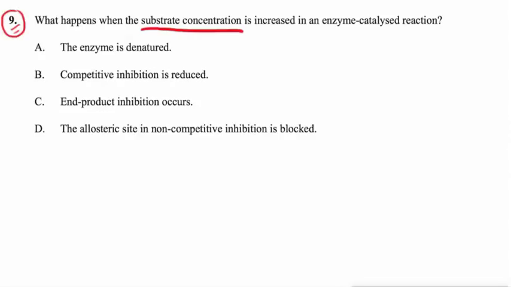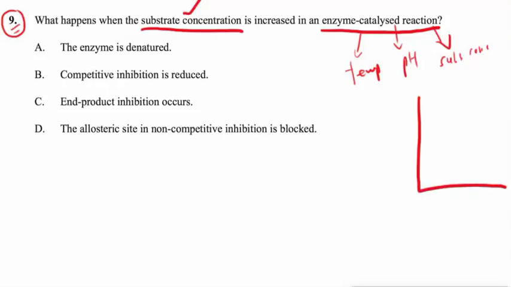So here's this question. It says, what happens when the substrate concentration is increased in an enzyme catalyzed reaction? Well, from your basic knowledge, you should know that enzyme reactions can be affected by three things. You've got temperature, you've got pH, and then you've got substrate concentration. And this one, substrate concentration, well, I know that if I increase the substrate concentration, the enzyme catalyzed reaction also increases, but it starts to slow down.